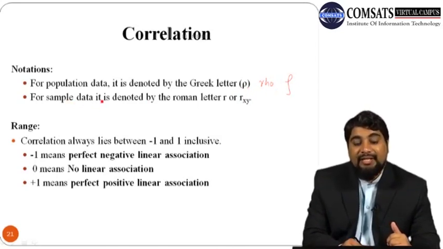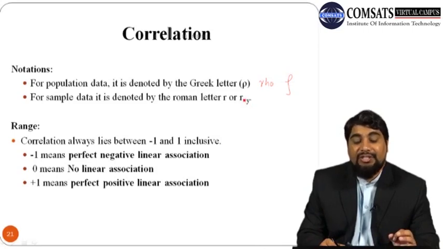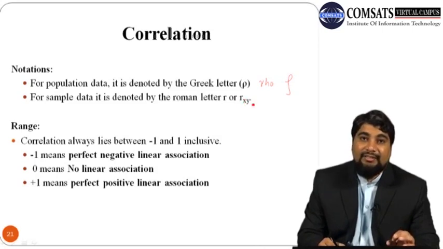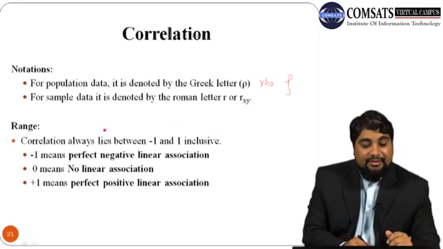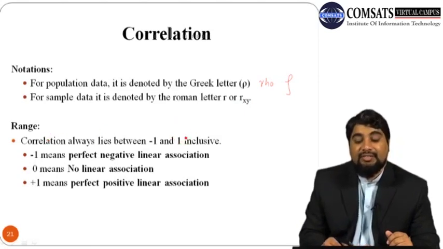In the case of sample data, it is denoted by the Roman letter R, or usually RXY, where the subscripts X and Y denote that the correlation is found between variables X and Y. The range of correlation is from -1 to +1.